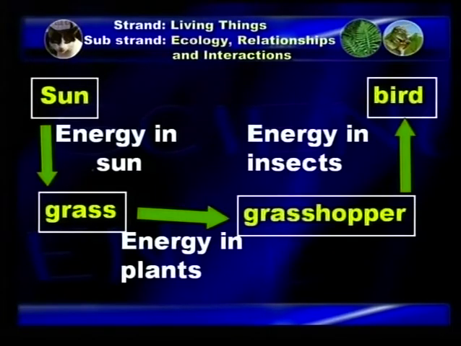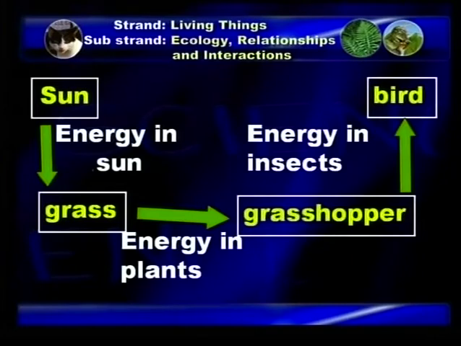And in this example here, we have the grass. Grass gets its energy from the sun. And the energy in the grass is passed on to the grasshopper. The grasshopper gets its energy from the grass, which means it eats the grass. Is that true? Yes. And from the grasshopper, the energy is passed on to the, what is it, class?